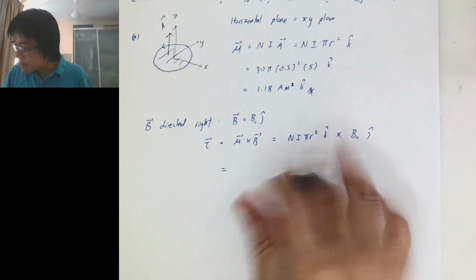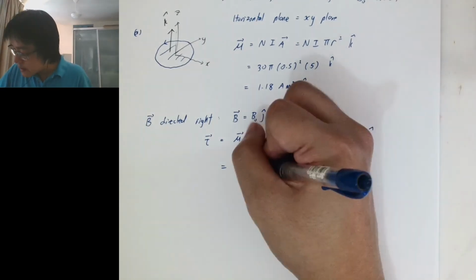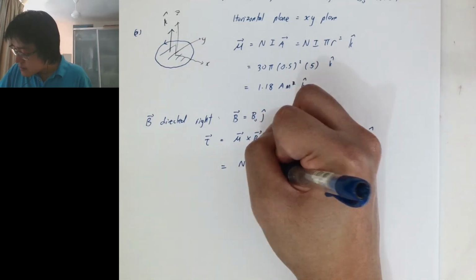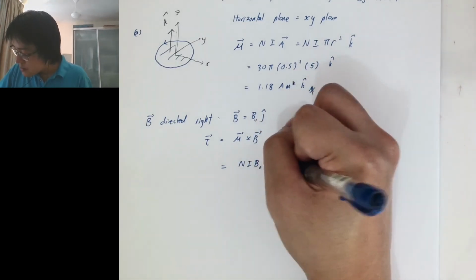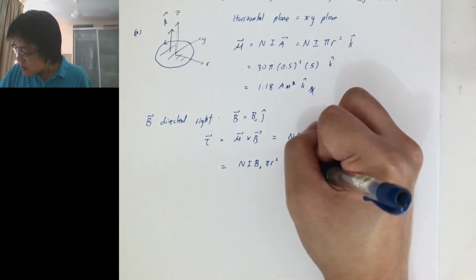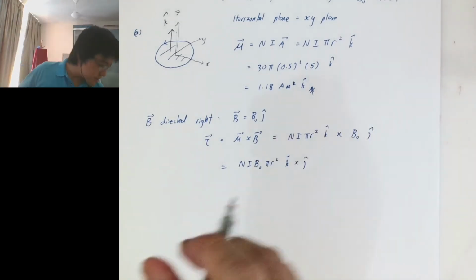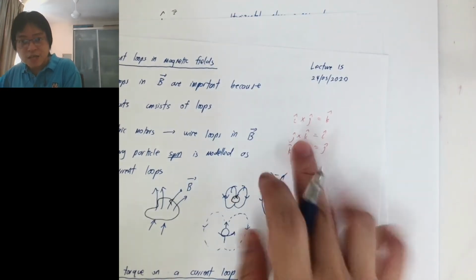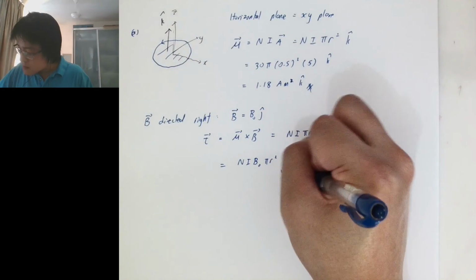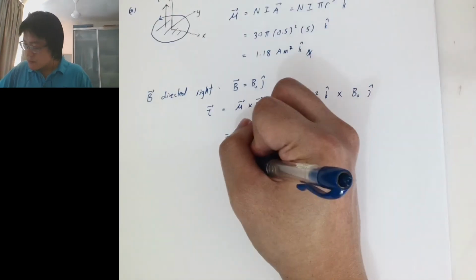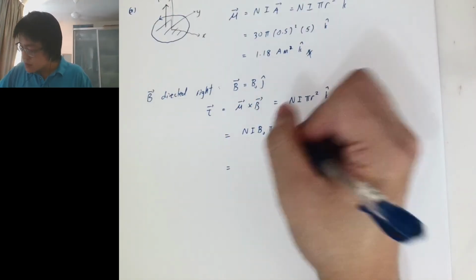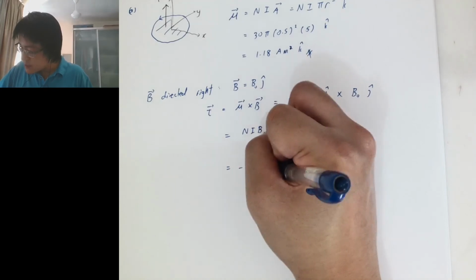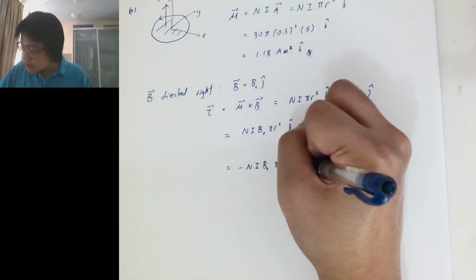So what we have here is N i B pi r square k cross j, right? And what was k cross j? j cross k is i, so k cross j is minus i. So it's minus N i B pi r square in the i direction.